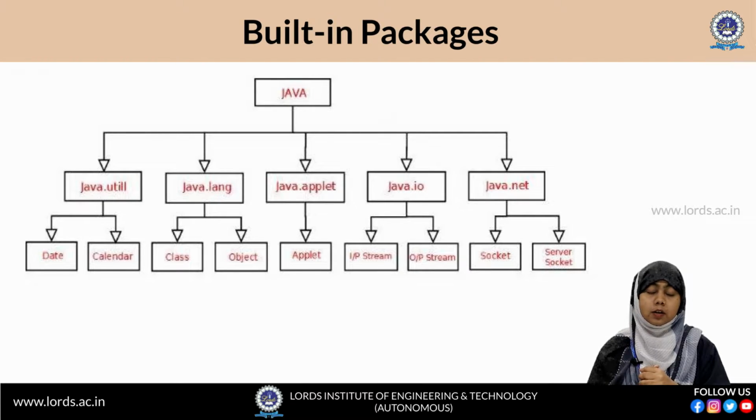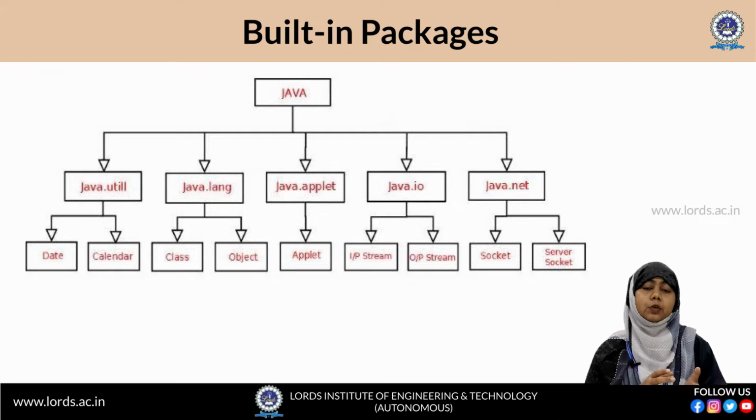Utility: this is how we access it, java.util, because java is the main package. After that, using the dot operator, I'm accessing the util package. If your program wants to implement data structure concepts, then you need to use the utility package, which provides all the data structure concepts such as array list, linked list, vector and all.